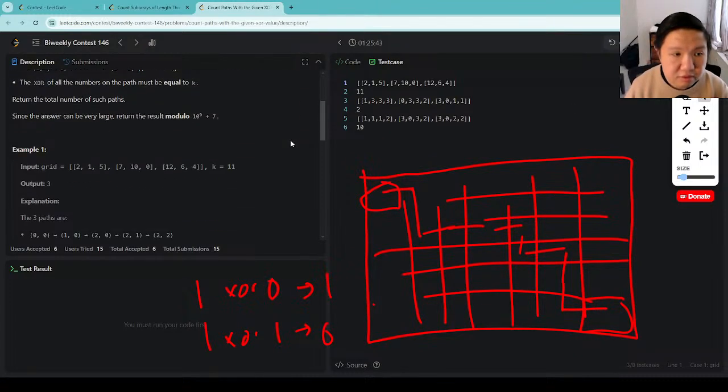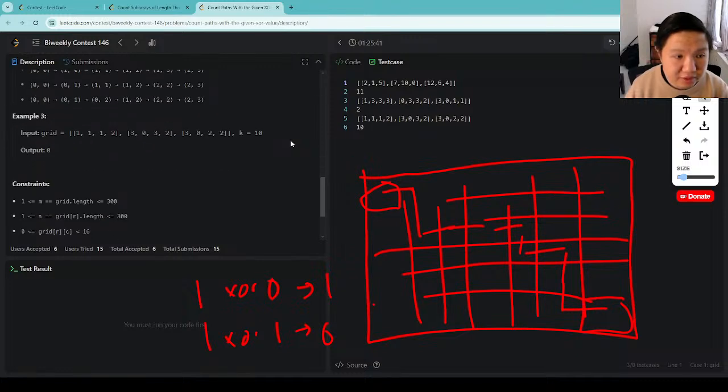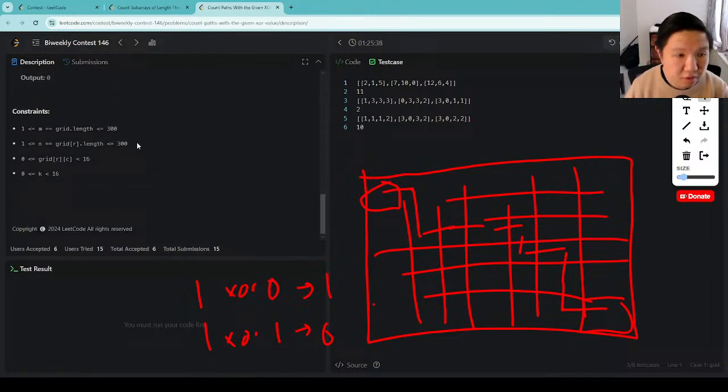Okay. What's the size of, let me see, what is k? Okay. So all the numbers are less than 16, which means they are 4-bit numbers. Okay, this is a pretty good clue.